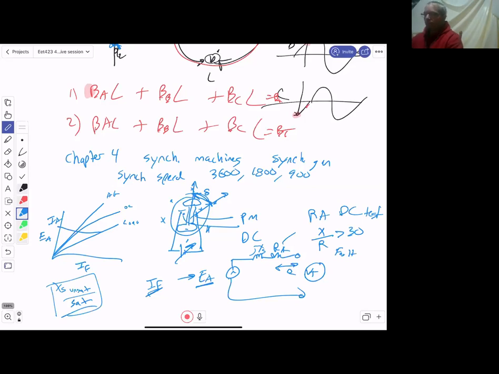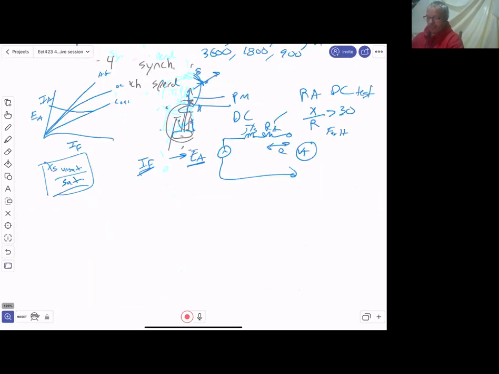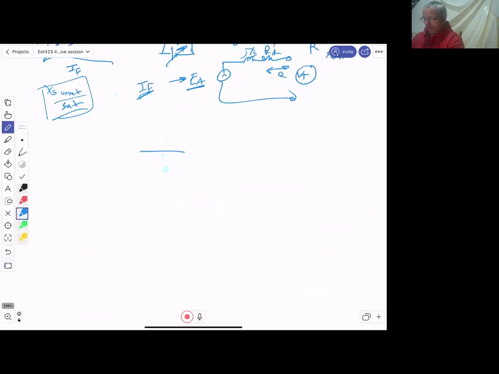So that kind of was the synchronous machine. Once we had all that discussion of the equivalent circuit model, then we could do some phasor diagrams, right? So we had a VT, we had an IA, and we had an EA.